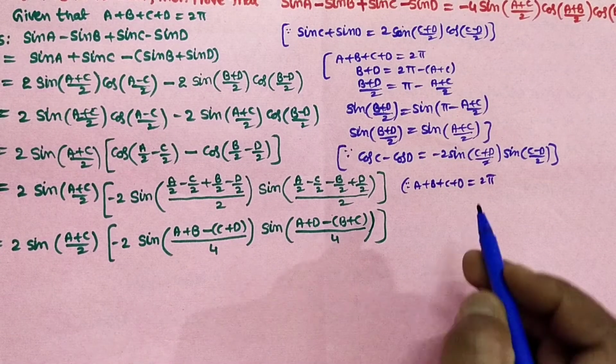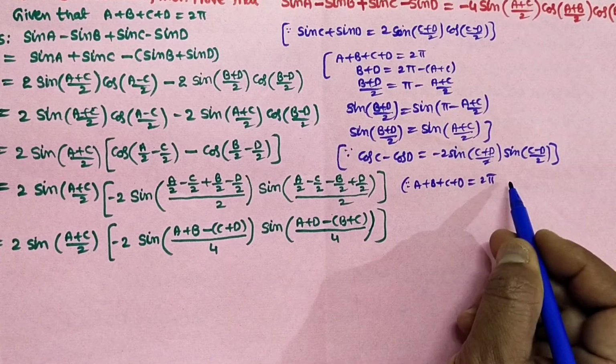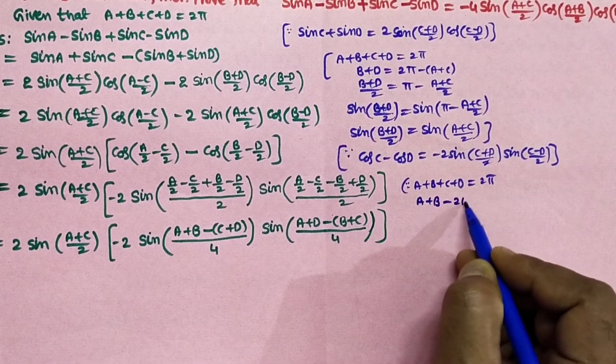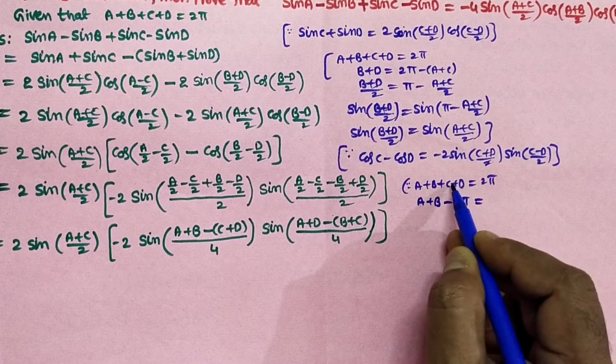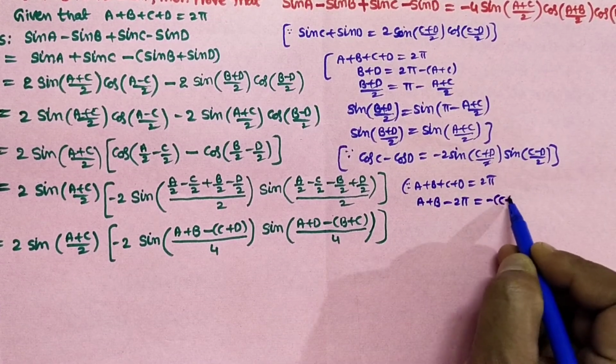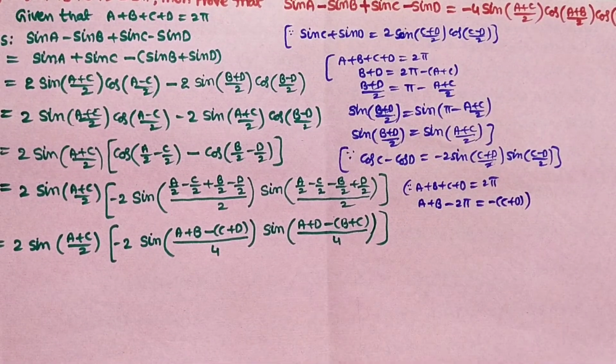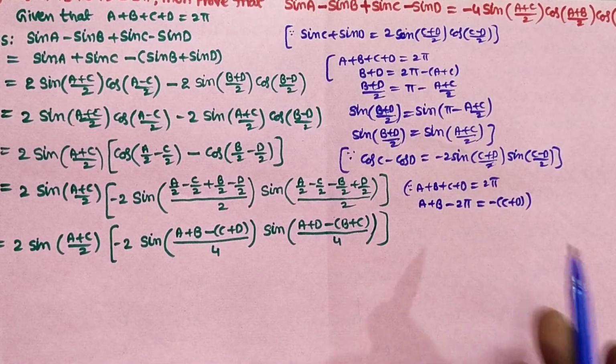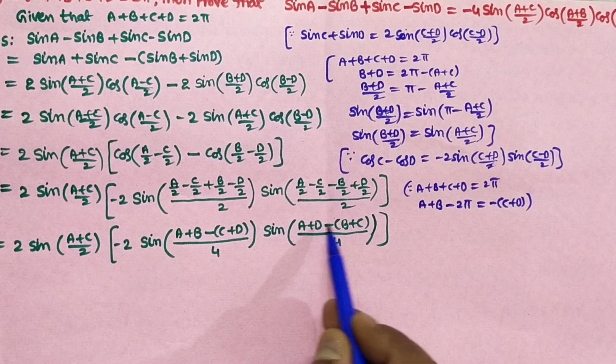I want c plus d value. So c plus d only we can take that side: a plus b minus 2 pi, the 2 pi I am taking here. C plus d I am taking into this side, minus of c plus d. I think everyone understands here. In place of minus of c plus d, you have to replace with a plus b minus 2 pi. Similarly, a plus d in terms of b plus c.